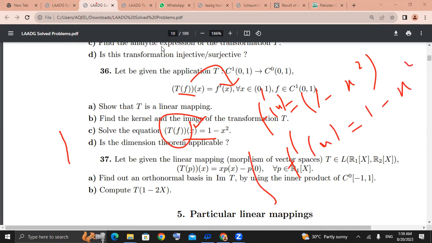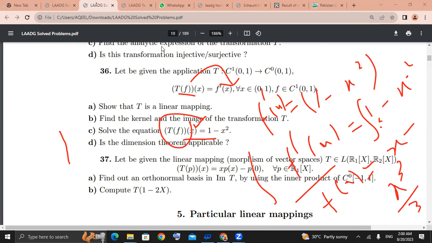We integrate on both sides. So f of x is the integration of 1, which is x, and the integration of x square, which is x cubed divided by 3. So this is the solution of this equation. And when we do the integration, we always put the constant c.